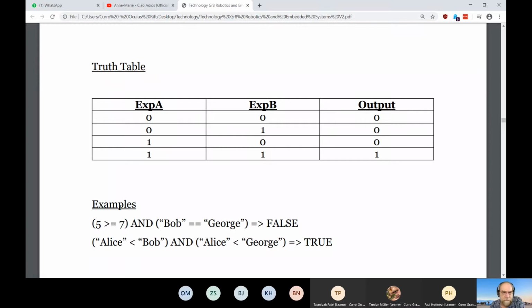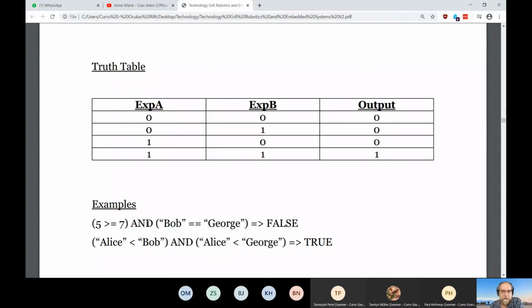So here's an example. You can see here, expression A, we are saying 5 is greater than or equal to 7. And expression B is Bob equals George. So let's have a look at that. We say to ourselves, is 5 greater than or equal to 7? Obviously not. So the answer to the expression on the left is false.